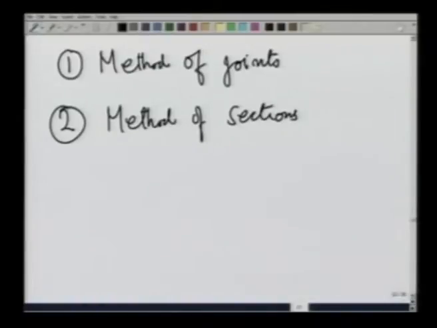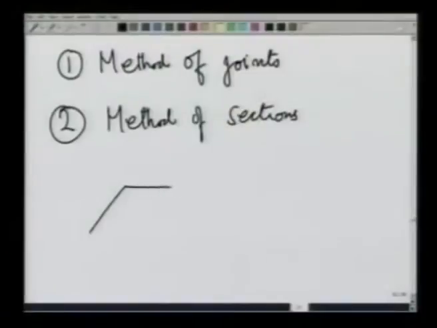You have already gotten a glimpse of the method of joints when I analyzed a very simple truss earlier. What is done in the method of joints is that each joint of the truss is brought in equilibrium under the applied forces.